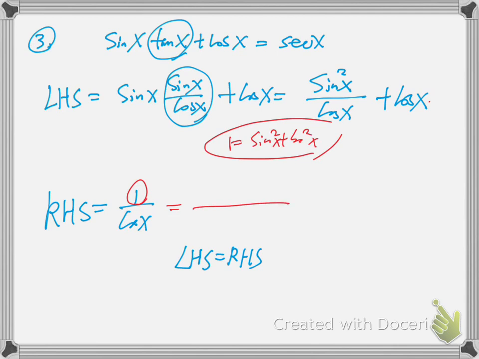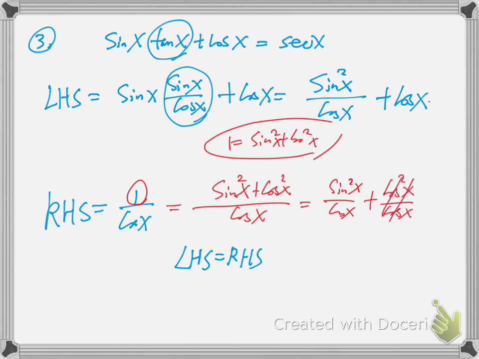So now we change it to sine squared plus cosine squared over cosine. Now we got sine squared over cosine plus cosine squared over cosine, and cosine squared over cosine is cosine. So you still get left hand side equals right hand side.